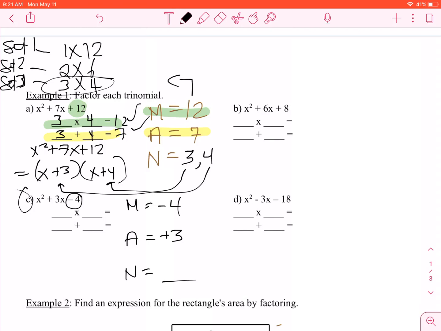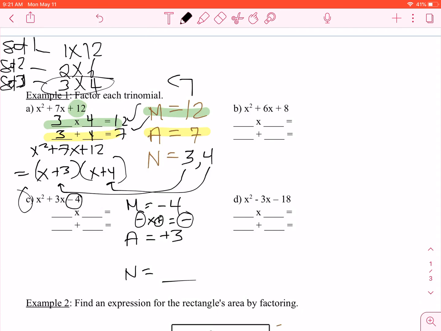You can only have a negative product if you multiply a negative times a positive. A negative times a positive will always equal a negative. So that means between your pair of numbers, one of them has to be negative.